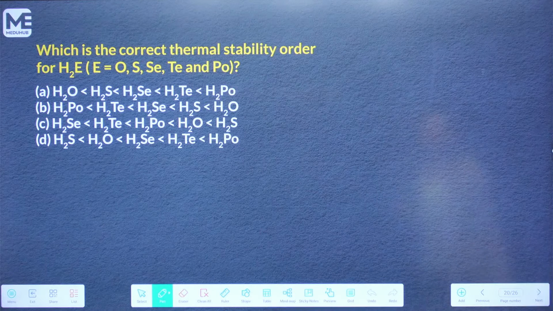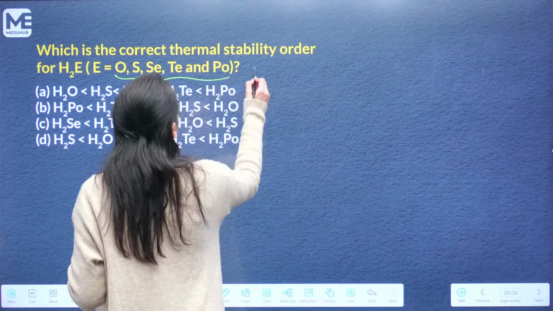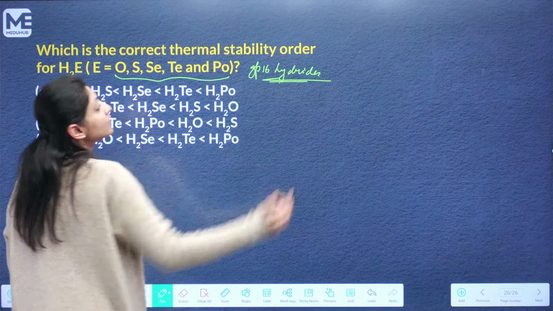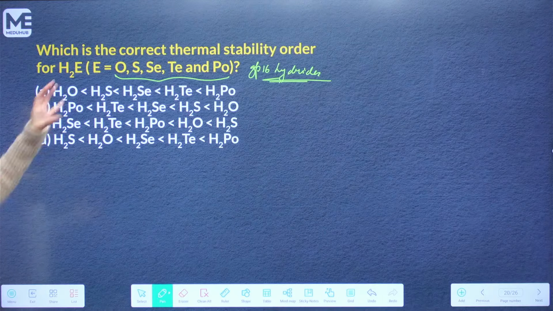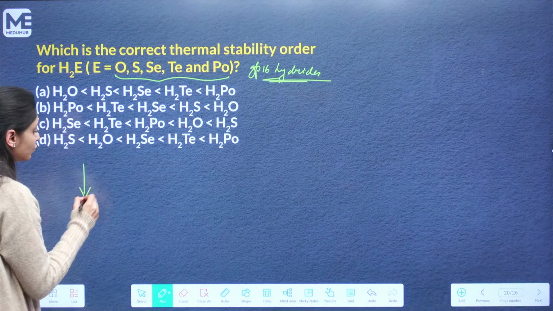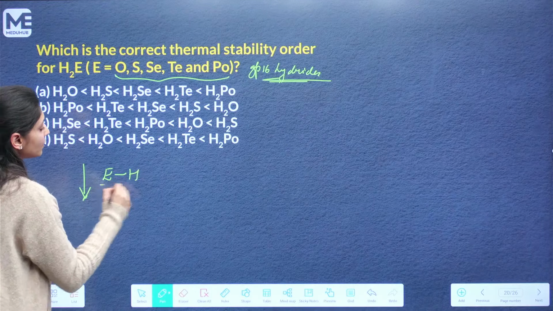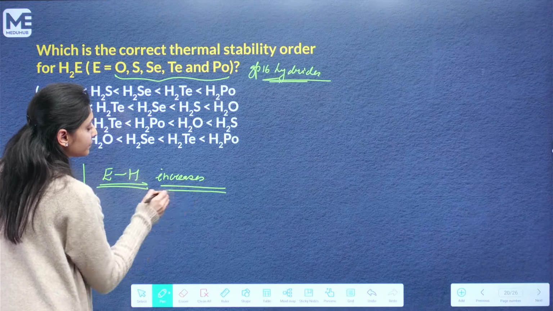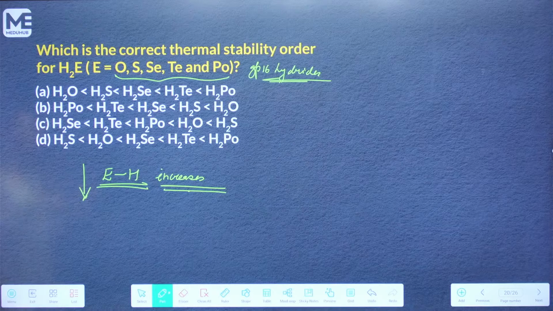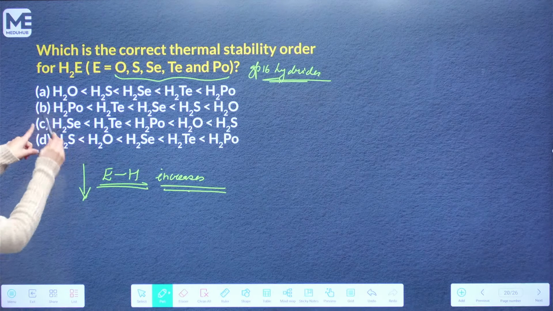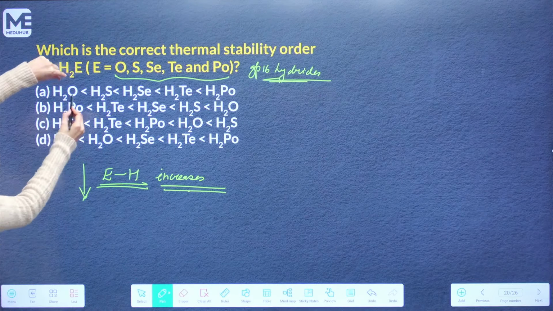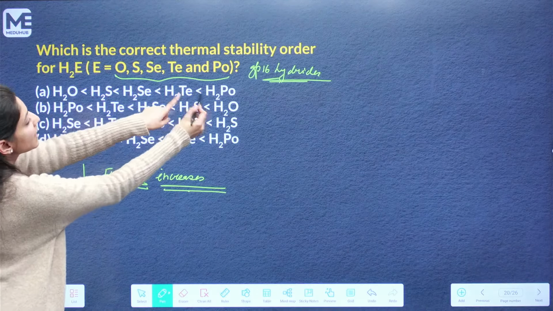Next question: which is the correct thermal stability order for H2E? Again, group 16 hydrides. Thermal stability means how stable it is with respect to temperature. On moving down the group, the E-H bond length increases, so the stability decreases on moving down the group. Here, the order is H2O, H2S, H2Se, H2Te, H2Po.